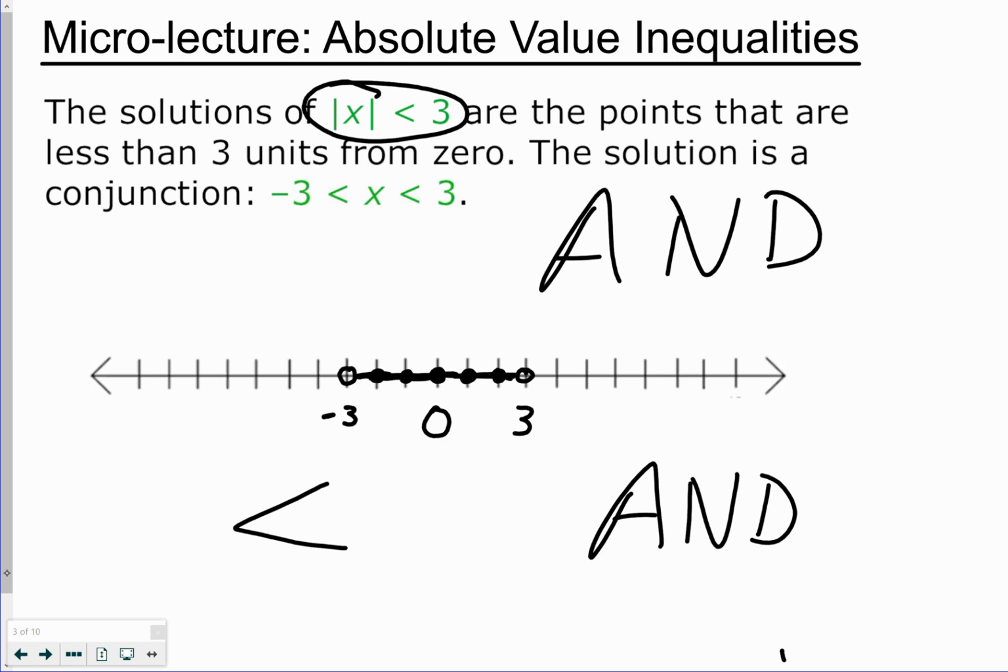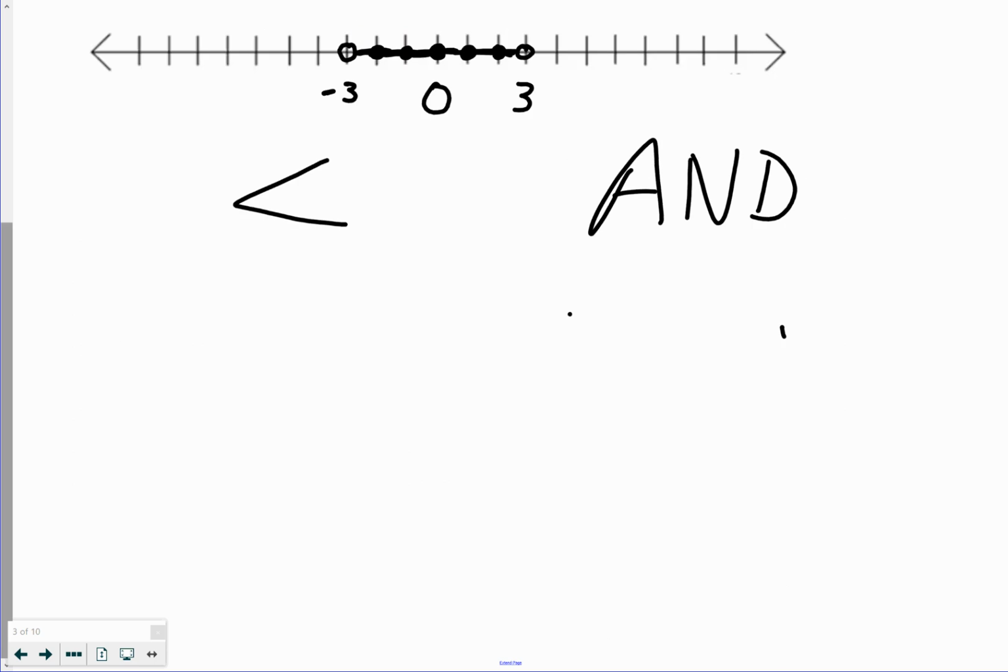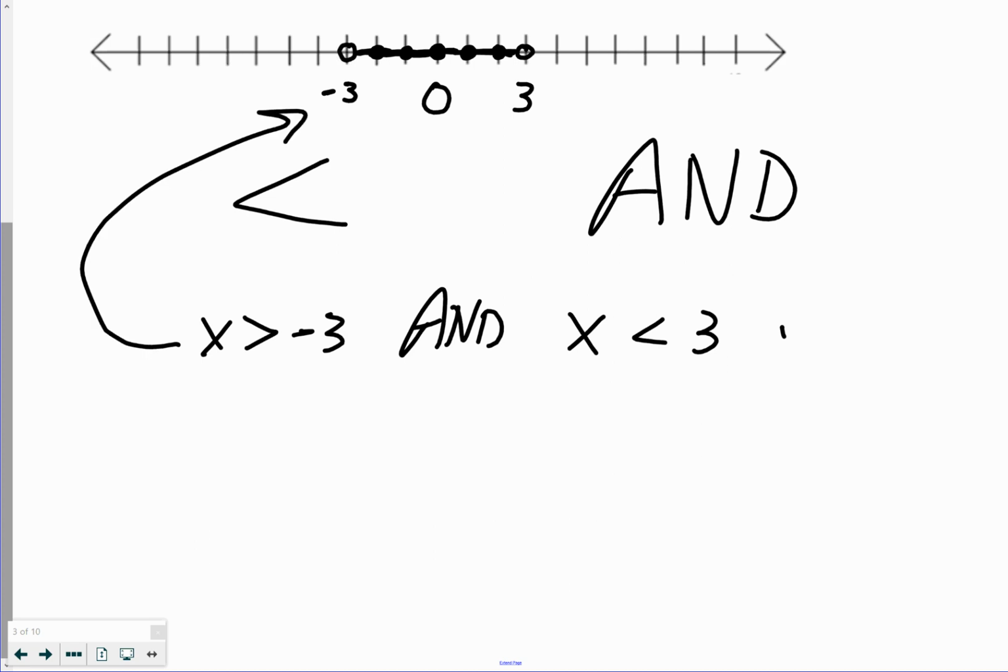For this one, you would write x is less than 3 and x is greater than negative 3. This is graphed right up there. This and that are the same thing. So anytime you see less than, it's going to be and.